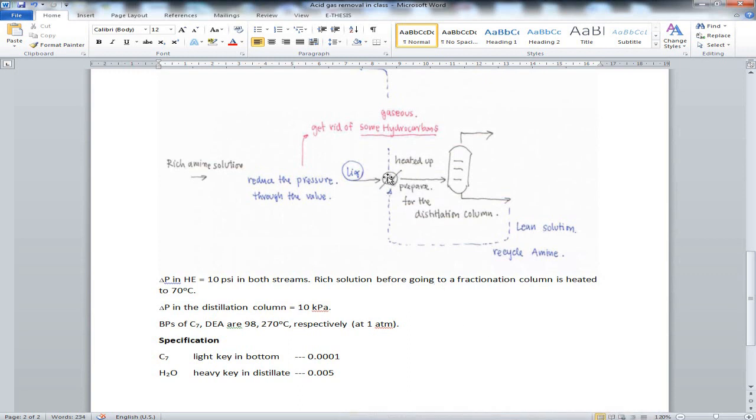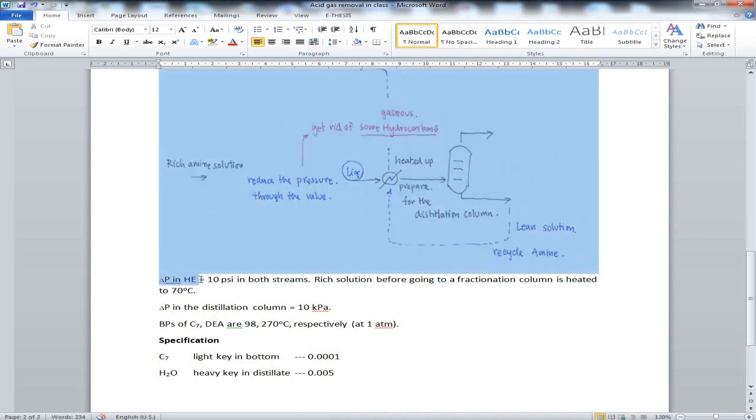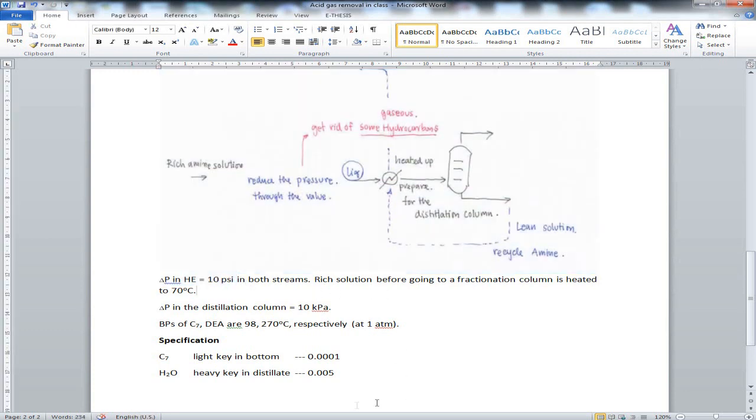In this case, we will use a simplified weighted method in heat exchanger design, and the pressure drop in both streams is 10 psi.